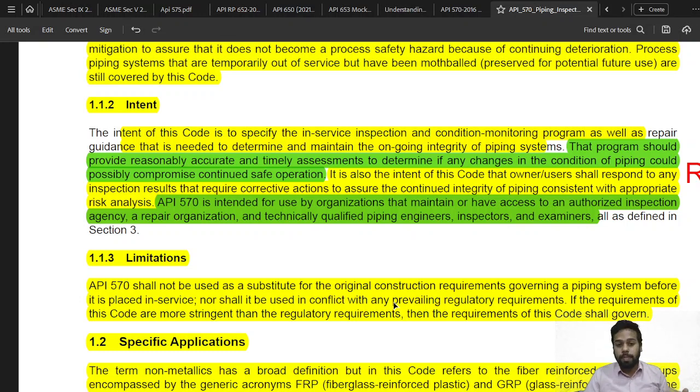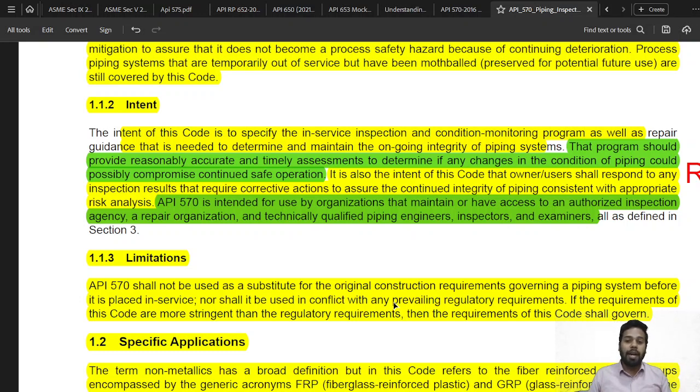So we need to make sure that in-service inspection and condition monitoring will make sure that whatever piping system you have is safe for service, its integrity has not been compromised, and if any irregularity happens, it can be repaired as per the criteria of this code so that there are no accidents or leakage in the future.